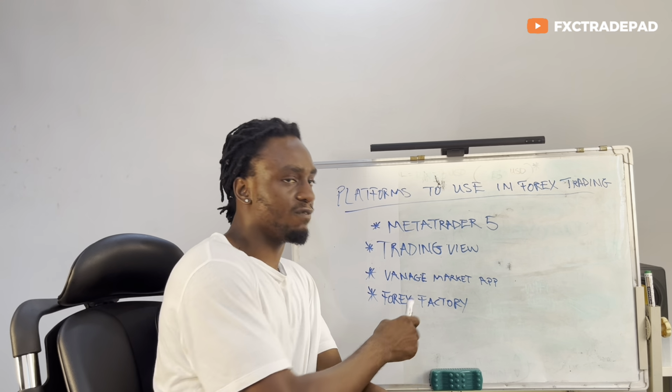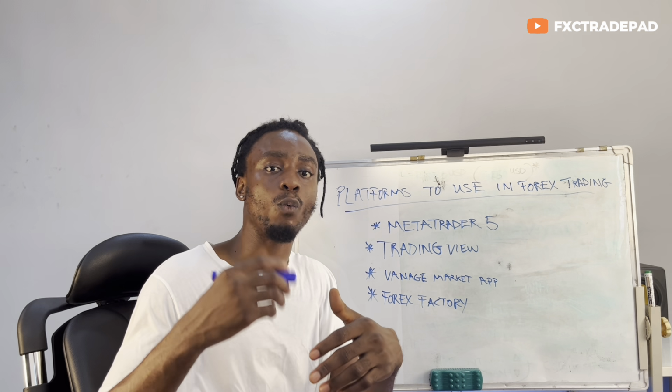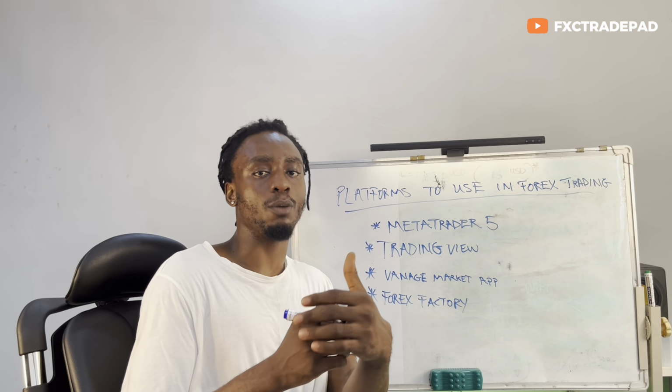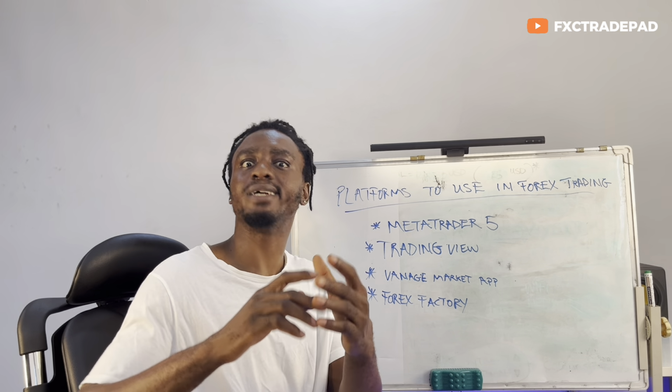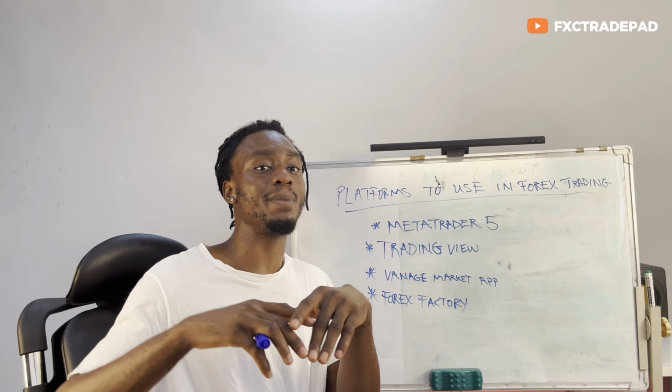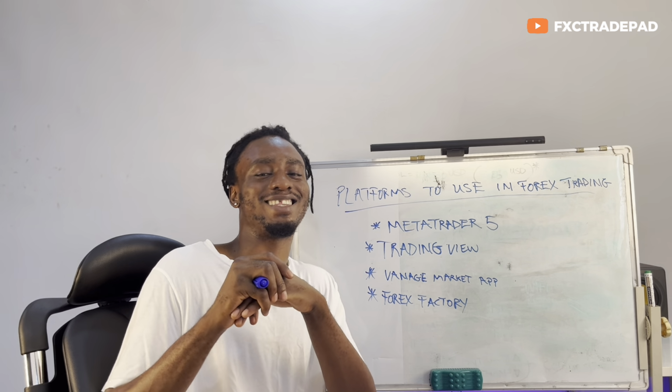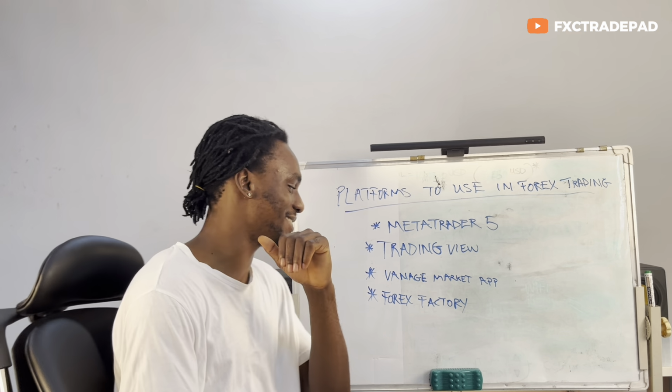You always see it on Forex Factory to help you stay aware of how market volatility will increase when this news drops. When this news drops, the market moves massively, meaning you can make massive money and also lose massive money when you don't trade with caution. So be very, very conscious about it as well.